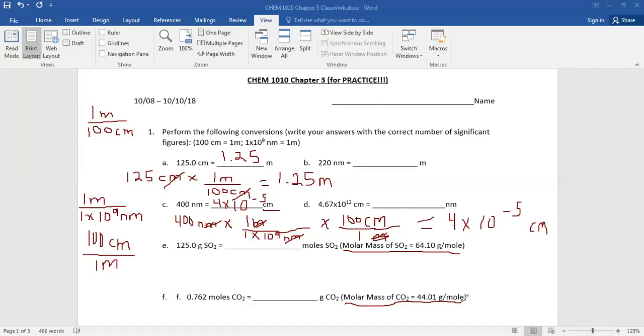So you can always use molar mass as a conversion factor to convert between grams and moles, or between moles and grams.